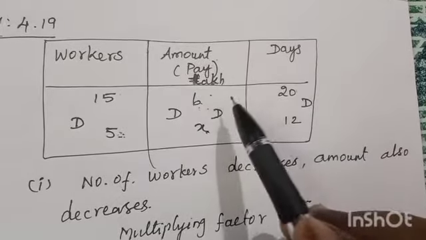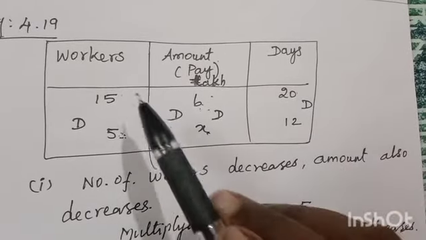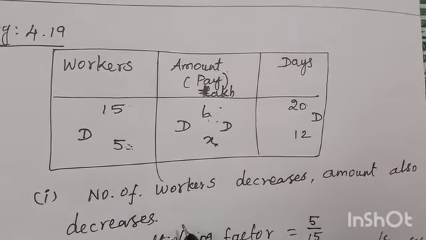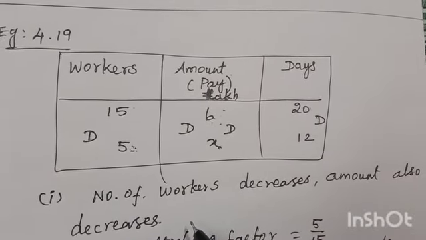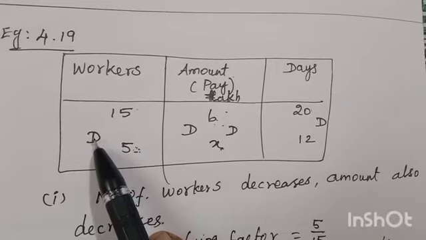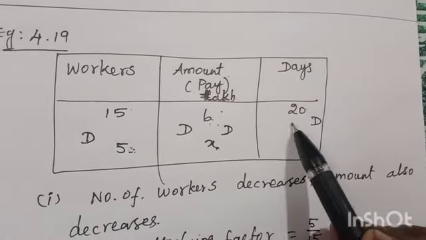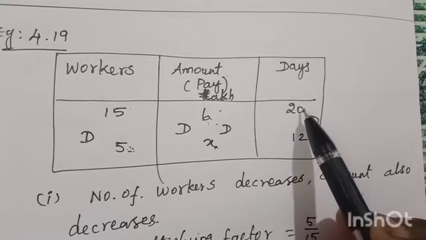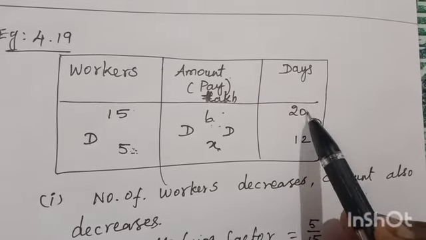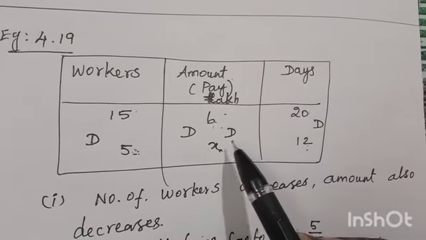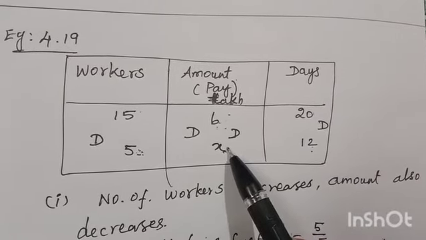Okay, then you have to compare these two. Decrease, decrease, so it is a direct proportion that you have to mention here. D denotes a direct proportion. Now you have to compare days and amount. Days is 20, then 12. Number of days decreases, the amount also decreases.